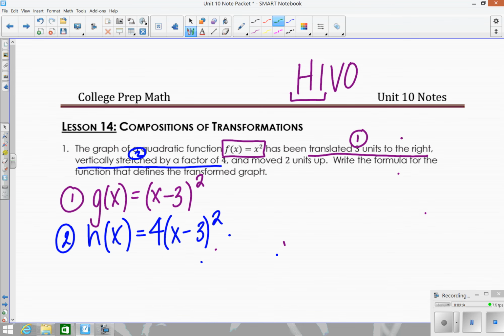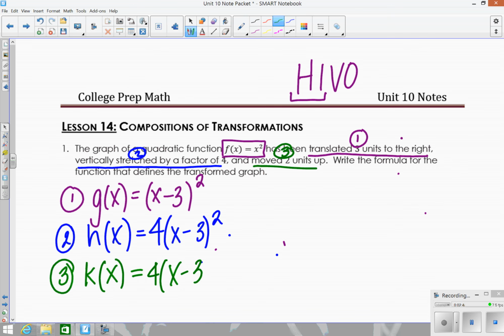And then the last one here is saying that after 1 and 2, we move 2 units up. So for this one, I'll call it k of x. I'm going to be taking what I just got and now moving that entire thing 2 units up.